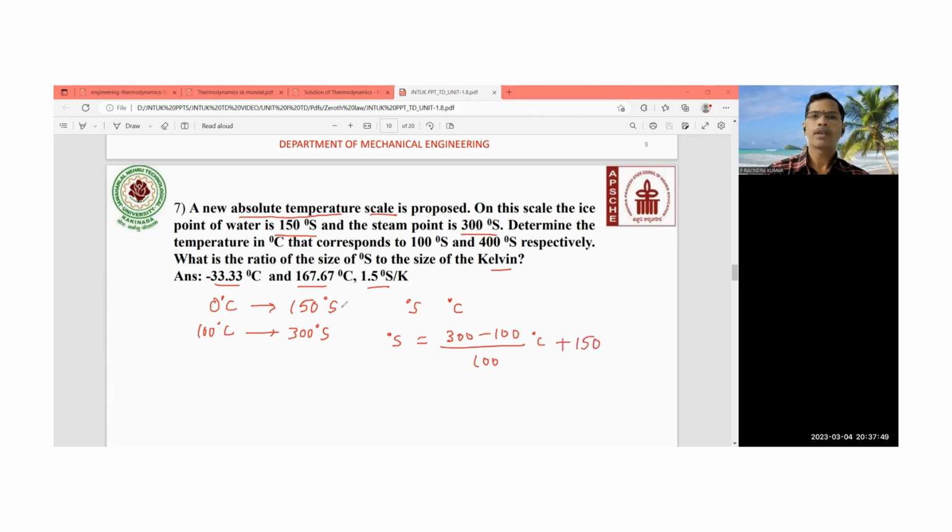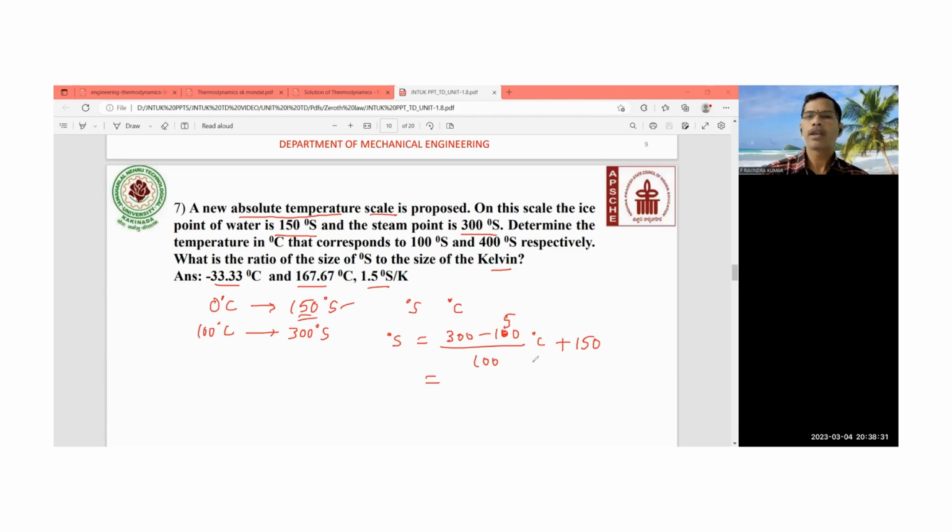So 300 minus 150 is 150, plus the initial value, which is given as 150.